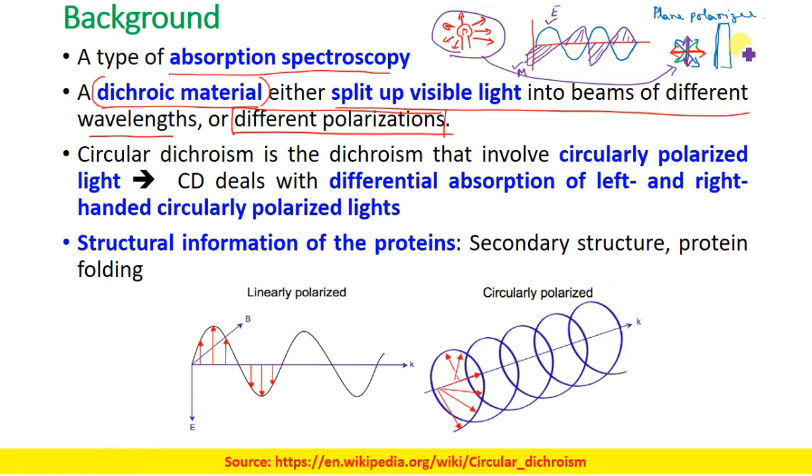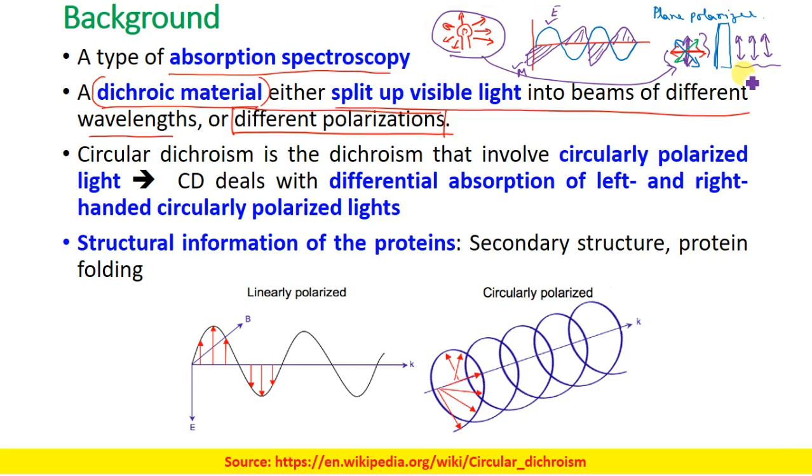Those waves which have the electric field parallel to this drawing sheet pass out and move forward. All other light waves are rejected by this plane polarizer, and the light which we get across the plane polarizer is regarded as plane polarized light.